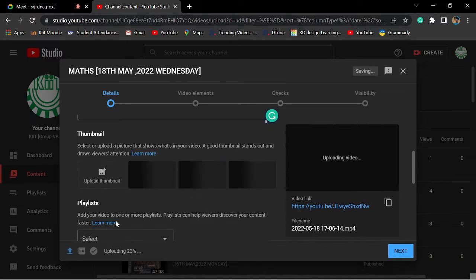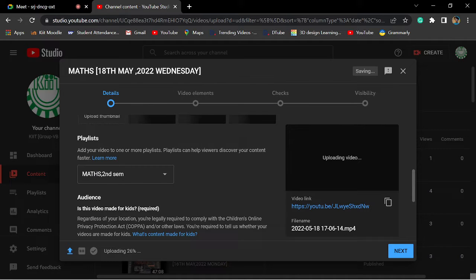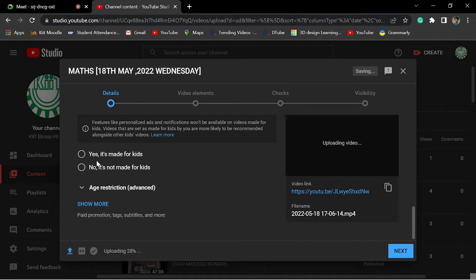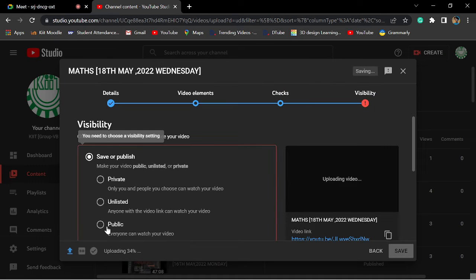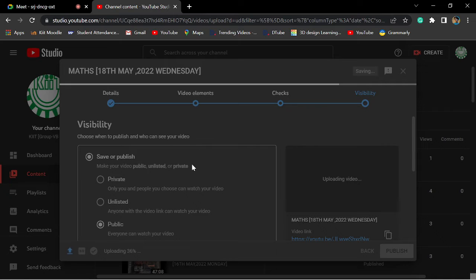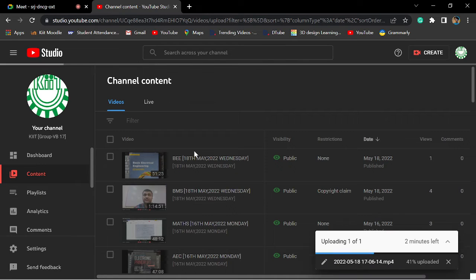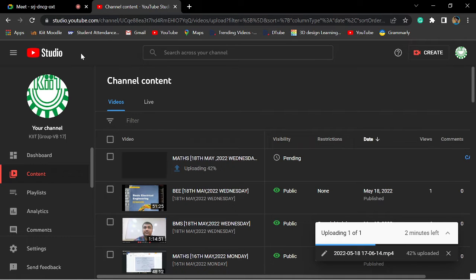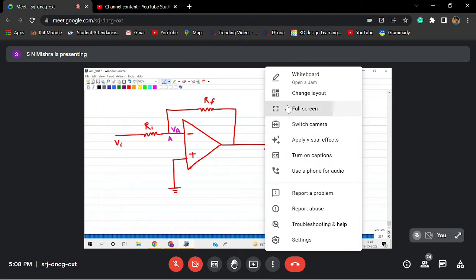So first we will take this op-amp where the inverting terminal is connected with one resistance, let us take Ri, and the feedback resistance which is connected from output to input as Rf. V0 is the output and Vi is the input. This is my point A, and the potential at this point is Va.